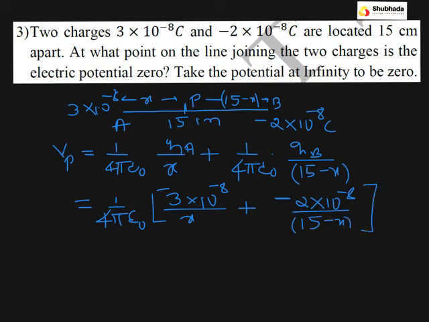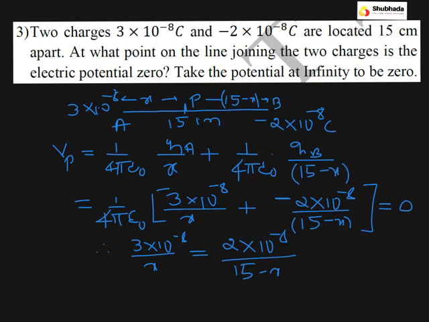They have given that potential at point P must be equal to 0. So let me make it 0. Therefore 3 into 10 to the power of minus 8 divided by x is equal to 2 into 10 to the power of minus 8 divided by 15 minus x.